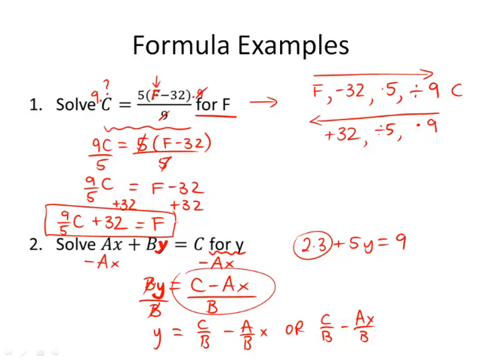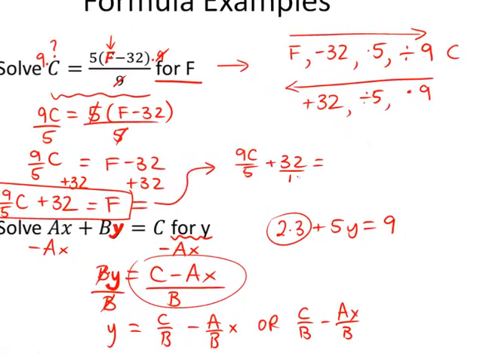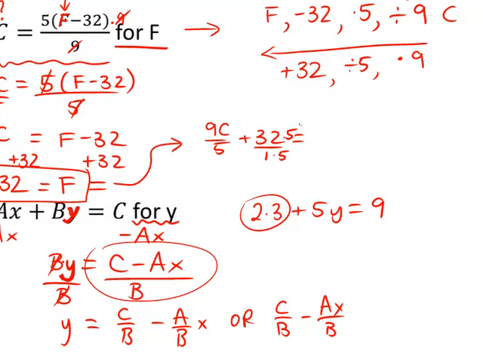Now that I think of it, Fahrenheit could have also been written with a common denominator. So you could have taken that 9c over 5 plus 32 and rewritten it as times 5 over 5 with a common denominator. 32 times 5 gives us 160.